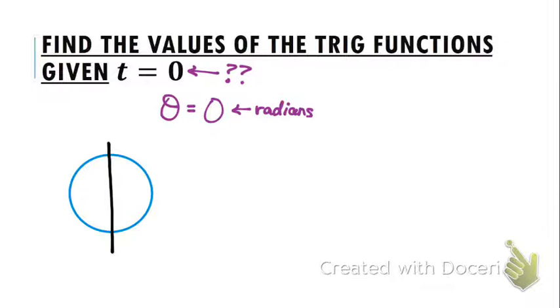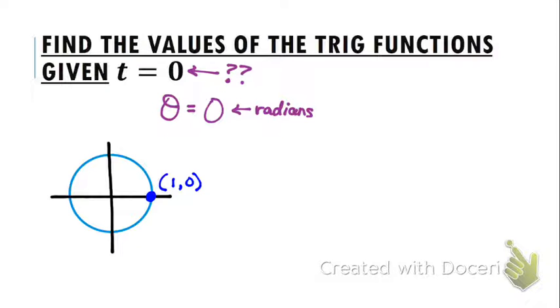Where is 0 radians on the unit circle? 0, like right here on the initial side. Do you guys know the ordered pair that goes with that on our unit circle? 1, 0.